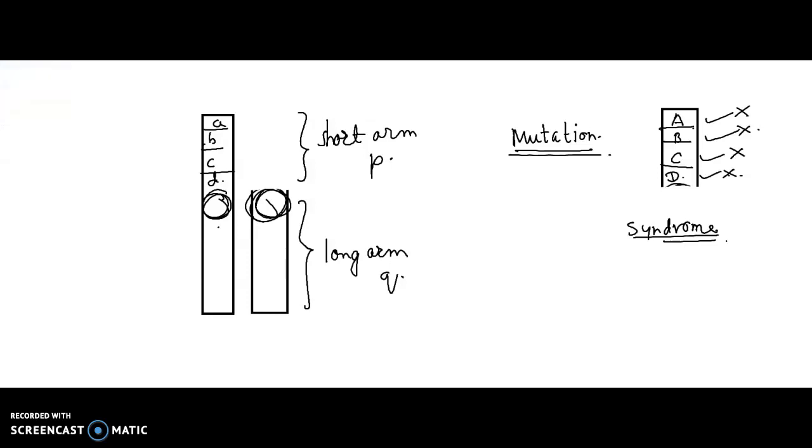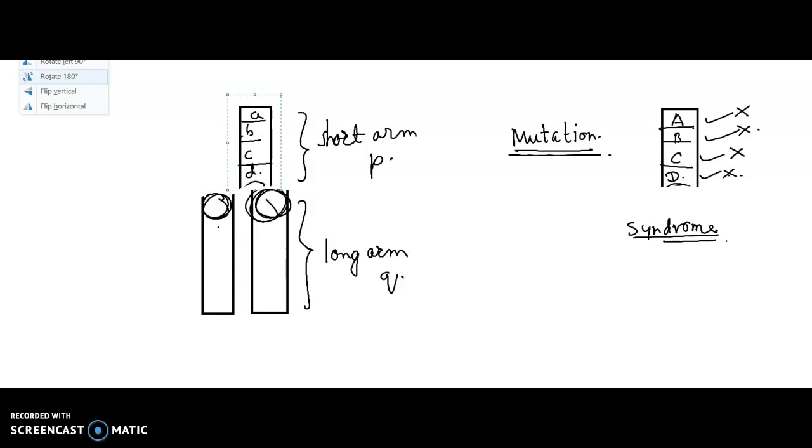Let us see if this particular order of genes on the chromosome, that is small a, small b, small c, small d, can be completely rotated.